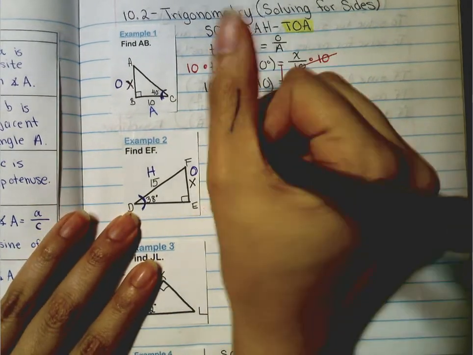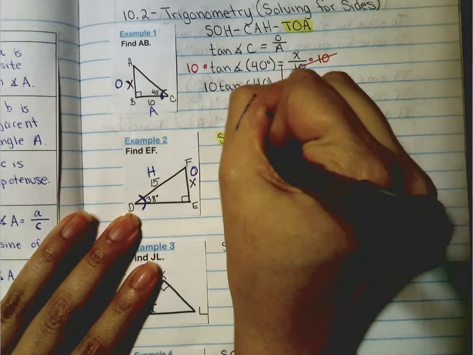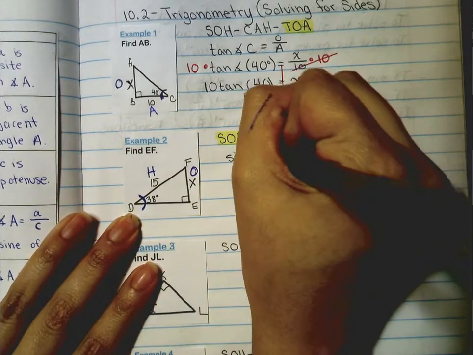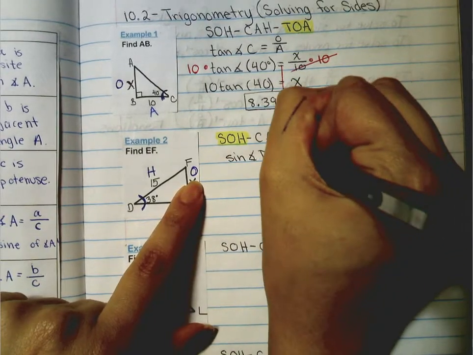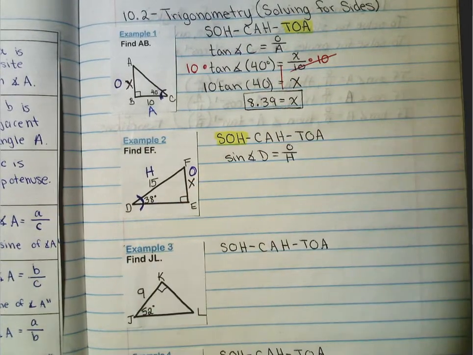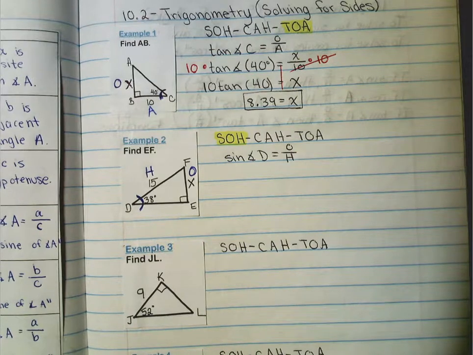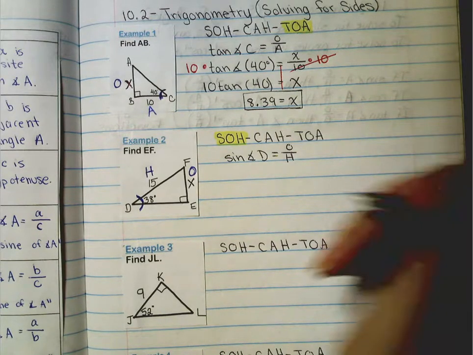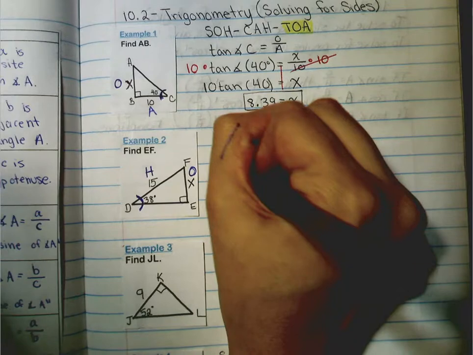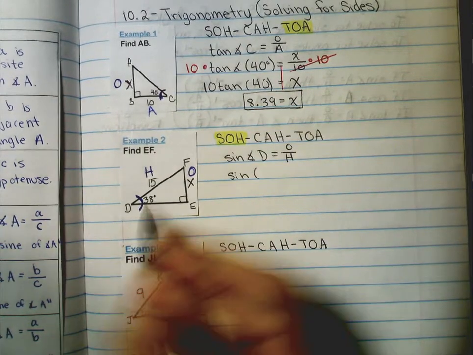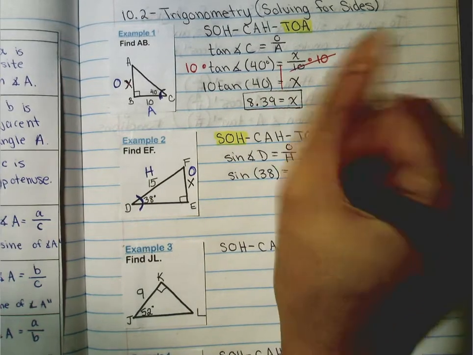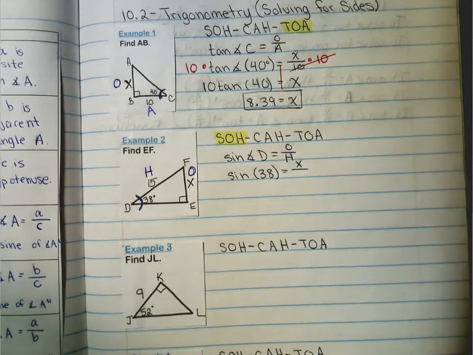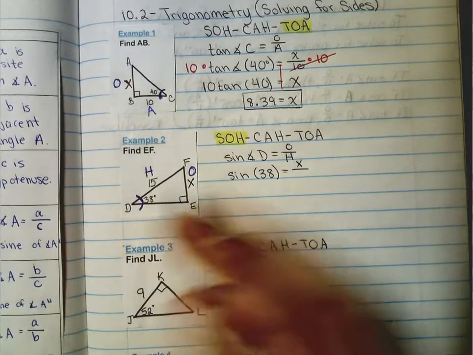Sine of angle D is equal to opposite over hypotenuse, and I'm going to replace those letters with my numbers. So I have sine of 38 degrees equals opposite, which is X, over hypotenuse, which is 15.